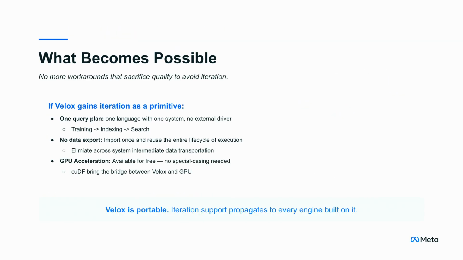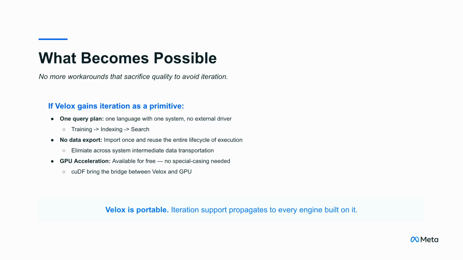So what do we actually gain if we close the iteration loop gap? No more workarounds that sacrifice DevX and quality. For example, in a vector search application, training, indexing, and search happen in one plan and one engine, with Velox as the fundamental building block.